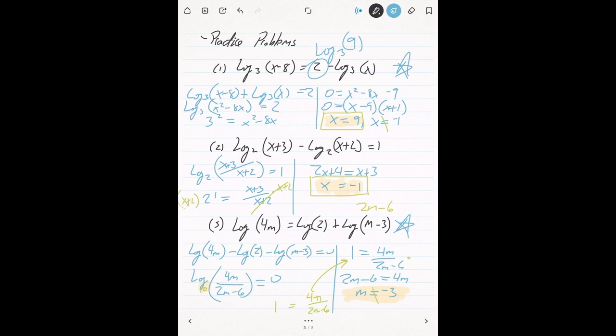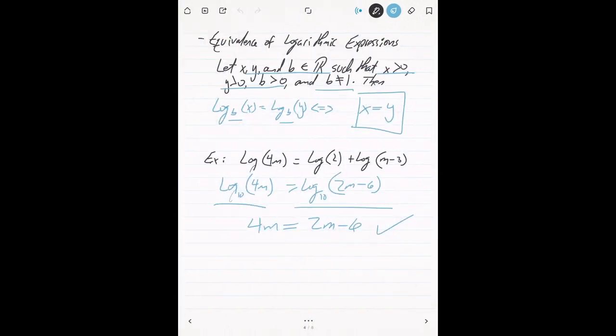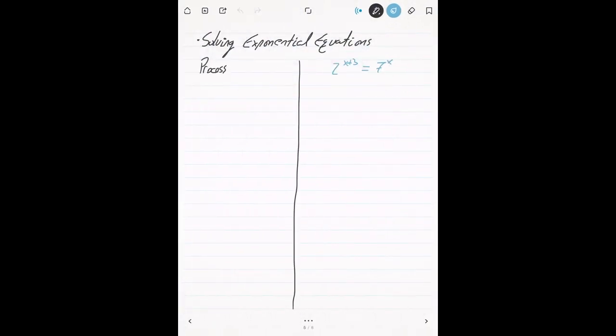I mean, this problem was fairly quick for us to get to here, so how much time does it really save you? You see what I'm saying? So, something to consider. Now let's go ahead and try talking about how to solve exponential equations.